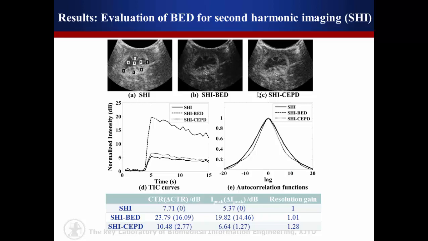CEUS images after deconvolution were improved as well, and we can see that the CTR of SHI-BED had a significant enhancement over SHI, and that CEPD had a slight enhancement. Although, the resolution gain of CEPD is higher than BED.